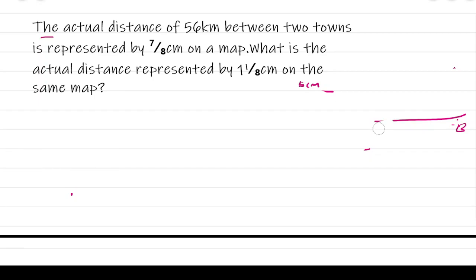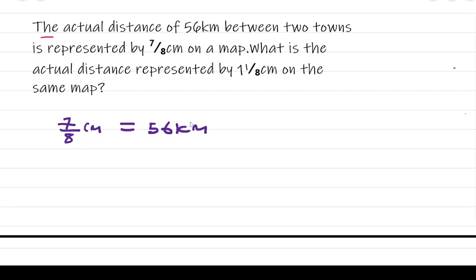So we have a particular map, and 7/8 centimeter represents 56 kilometers on the map. Let's write a solution here. 7/8 centimeter is equal to 56 kilometers on that map.